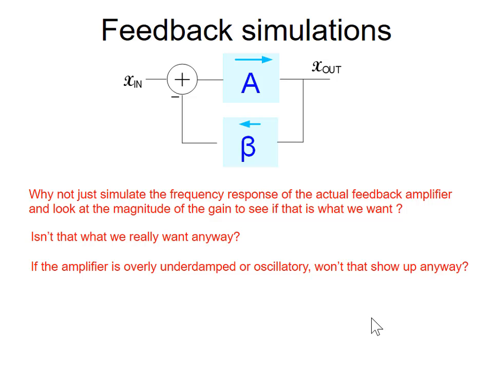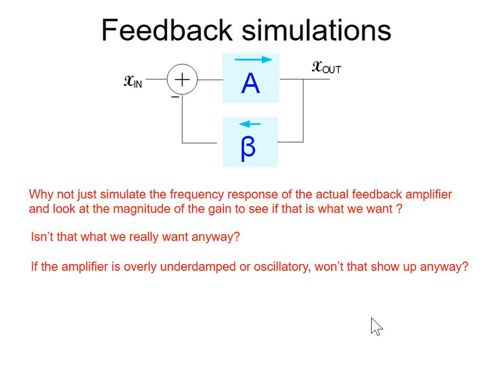If the amplifier is overly underdamped or oscillatory, won't that show up? If the real circuit is oscillatory, it's going to oscillate, right? Will our simulator show that? Why won't it show it?